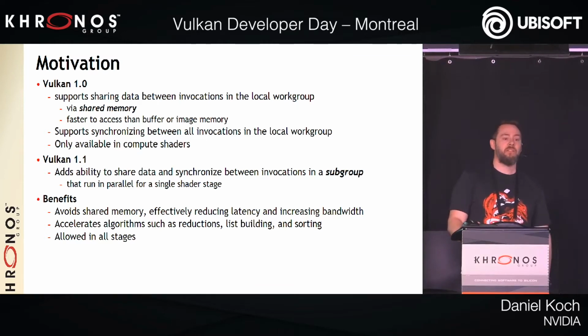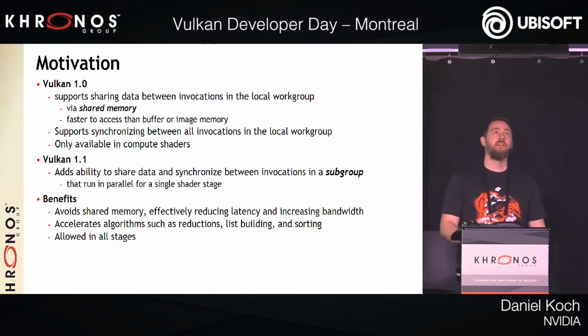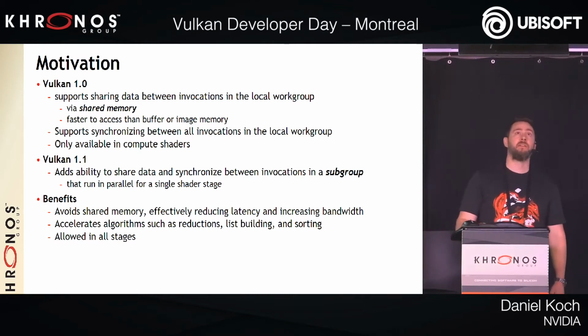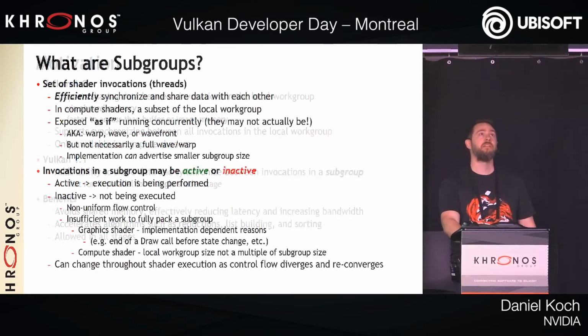The main benefit is that you can avoid going out to shared memory. So it can reduce your latency and effectively increase your bandwidth, and you can accelerate a lot of algorithms such as reductions, list building or sorting. And in Vulkan, they can be supported in all stages, not just compute shaders.